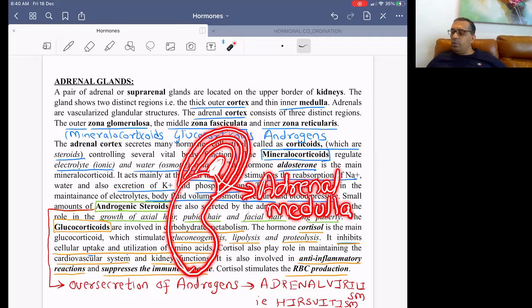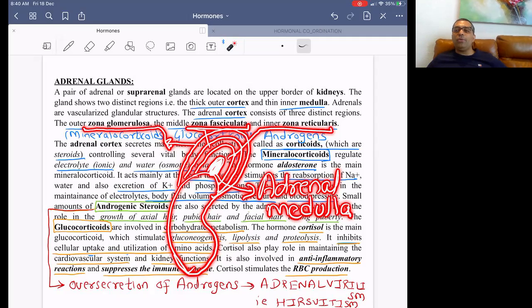The outermost one is called the zona glomerulosa. The middle layer is called the zona fasciculata. And the innermost layer is called the zona reticularis.